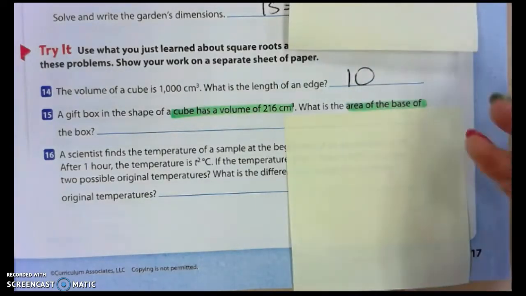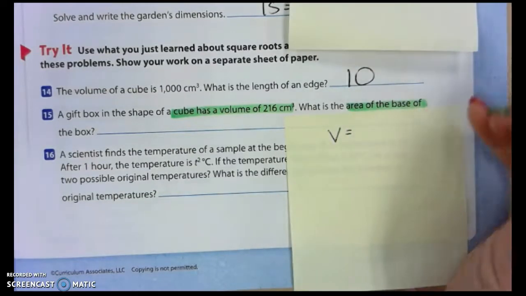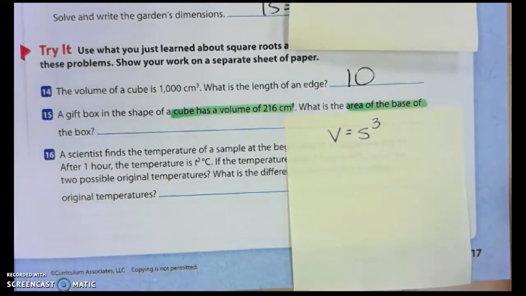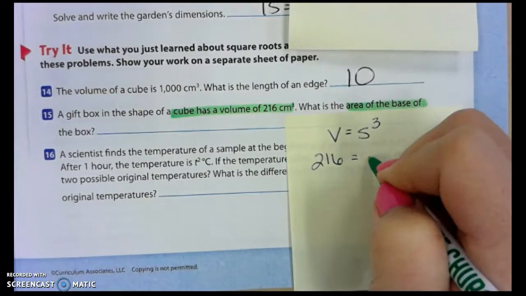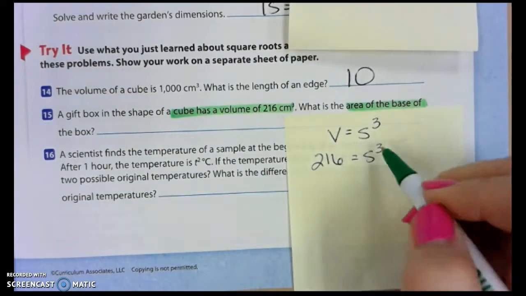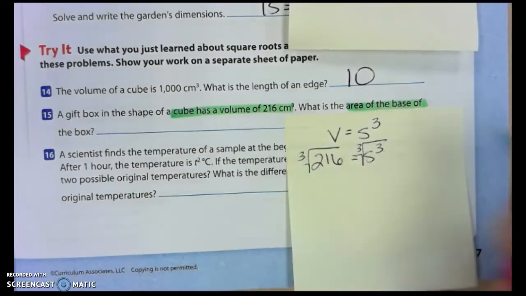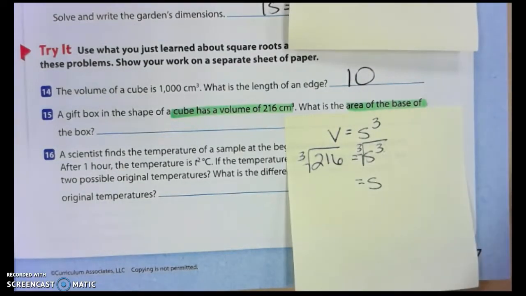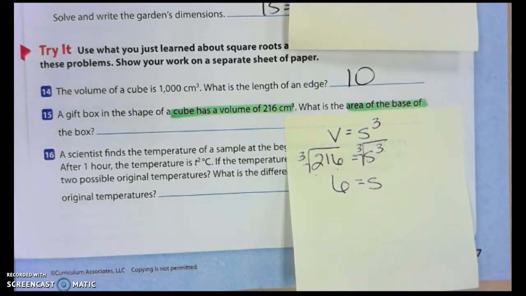We can go from volume to one side by using the formula volume is equal to side cubed. The volume was 216. So take out V, plug in 216. To cancel the cube, we take the cube root of both sides, leaving us s on one side, and the cube root of 216 is 6.